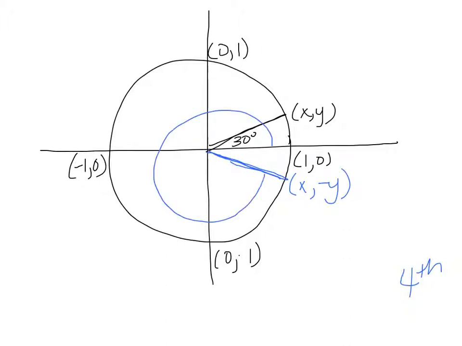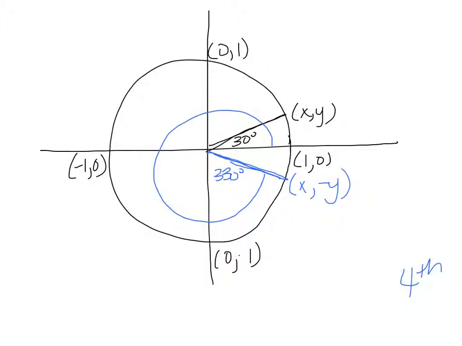Very good. From the initial side, wrapped around to our terminal side, that would be 330 degrees. How do you figure that out? Right. It's not a full revolution, so it's not quite 360. You take off that 30.